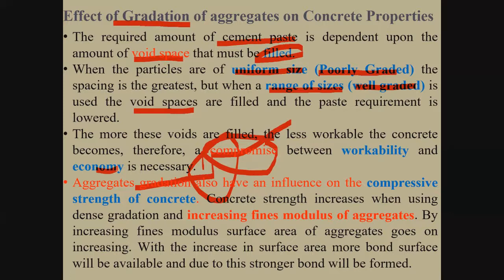If, for example, I'm selecting well-graded aggregates, they will have a lesser requirement for the cement paste, but at the same time, they are less workable as well.